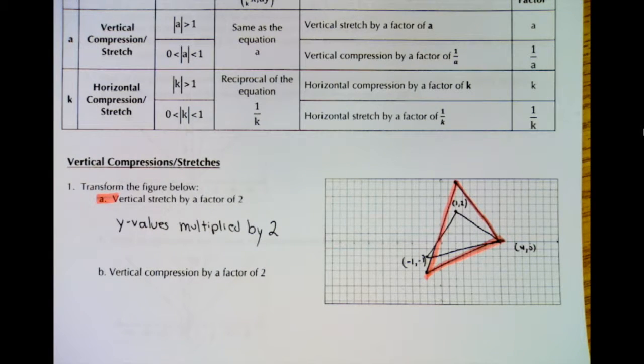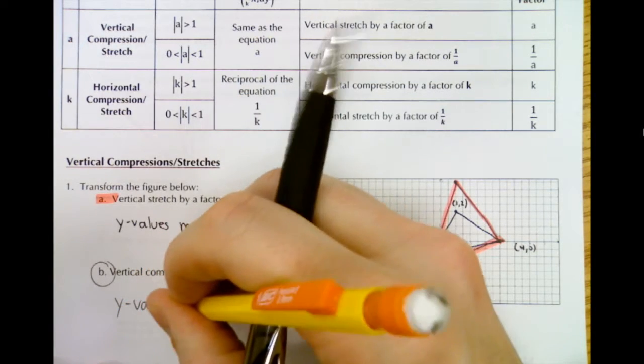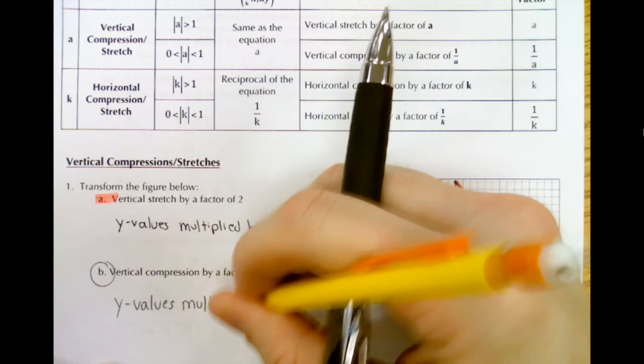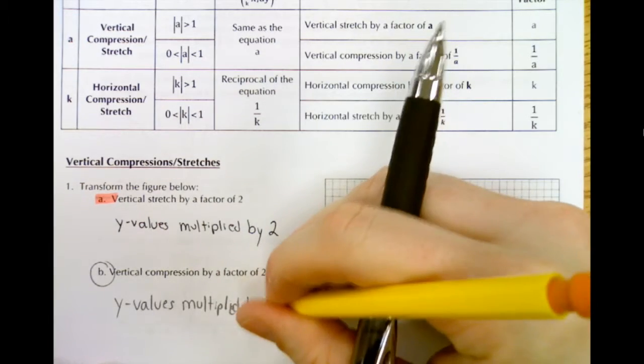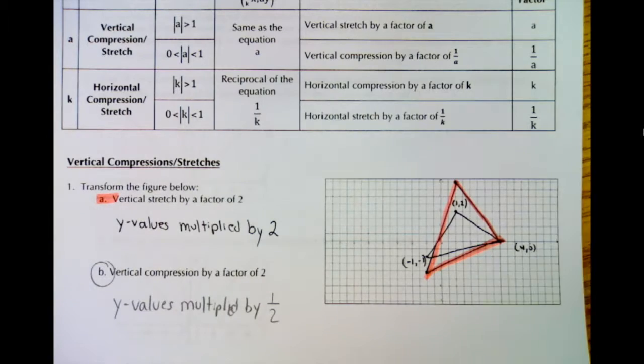For our compression, here I'll use pencil. We're taking our y values, and if we're using multiplication, we multiply by 1/2 in this case, which is the same as dividing by 2.